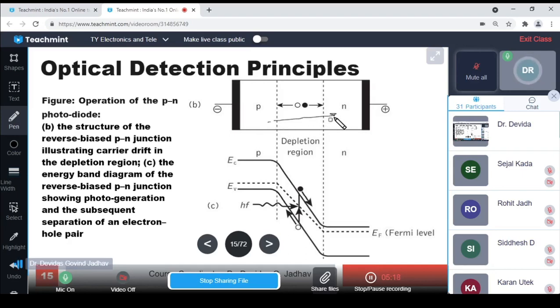Negative will be collected by positive, positive will be collected by negative. So holes will be collected by negative and electrons will be collected by positive. They cross the junction and they contribute current. This is called leakage current.